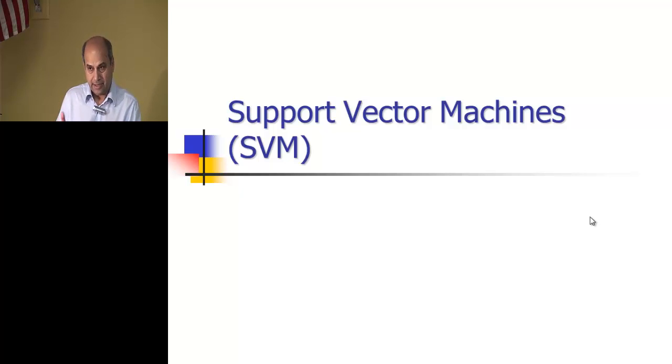Support vector machine, SVM. This is one thing which has impacted machine learning, computer vision, and many other areas a lot, and it is a very powerful tool and works very well. I'm going to tell you where you can get code which you can use. It will be a very superficial, high level description just to give you a flavor of what a support vector machine is.